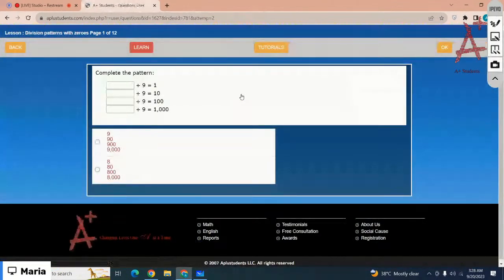Okay, complete the pattern. Which is the correct option? Missing number divided by 9 is 1, missing number divided by 9 is 10, missing number divided by 9 is 100, and missing number divided by 9 is 1000. Which number is missing? Which number divided by 9 equals 1?